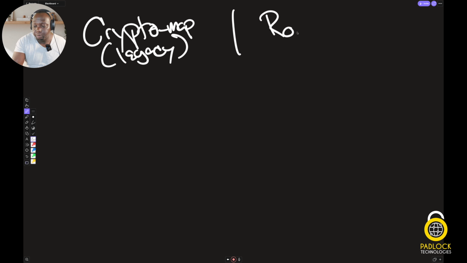So we're going to do crypto map, and I will put legacy, because that's technically what it is now, legacy, versus route-based VPNs. This is the new style, or a style that's new to the Cisco world.